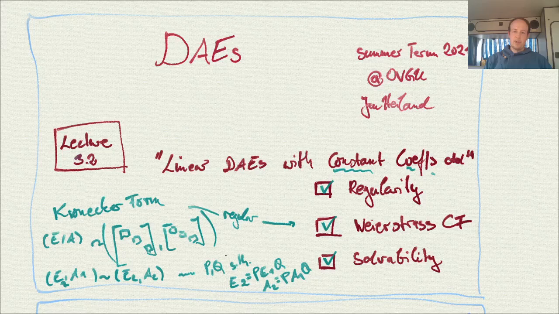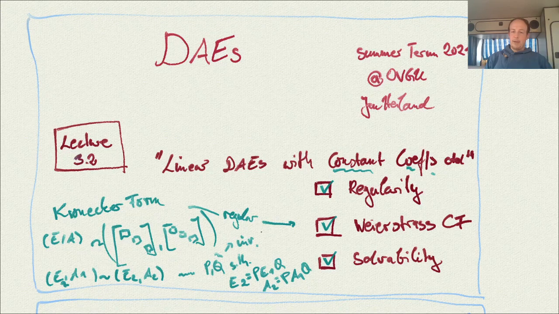And it was important that the P and Q were regular, so invertible. Okay, that we had last week. E2, A2 similar to E1, A1, and then with this similarity transform we could derive the Kronecker canonical form.